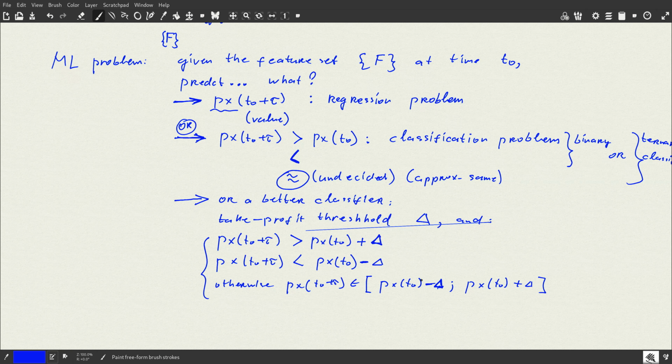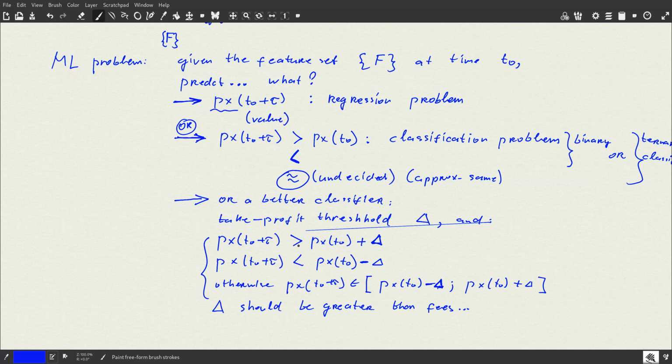And delta should be greater than, for implementing your trading strategy, delta should be greater than the fees you are going to pay. What kind of fees we will see in a second, because there is absolutely no point in, for example, taking a long position.